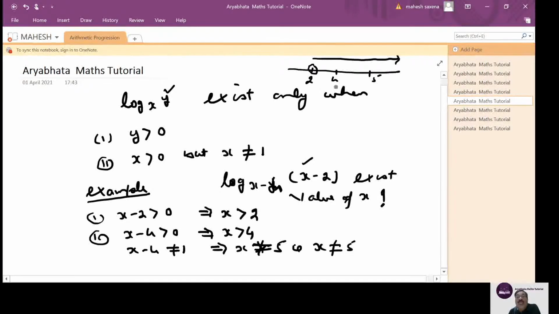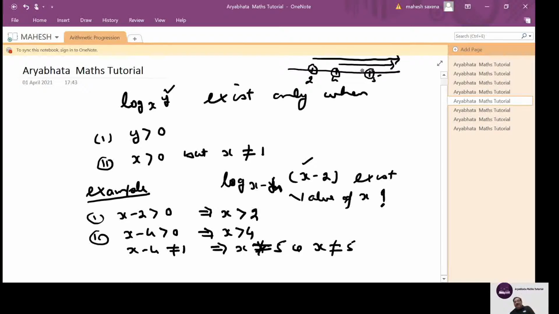Similarly, x is greater than 4, therefore x should be greater than 4. x should not be 4. And x is not equal to 5, therefore x cannot be 5.